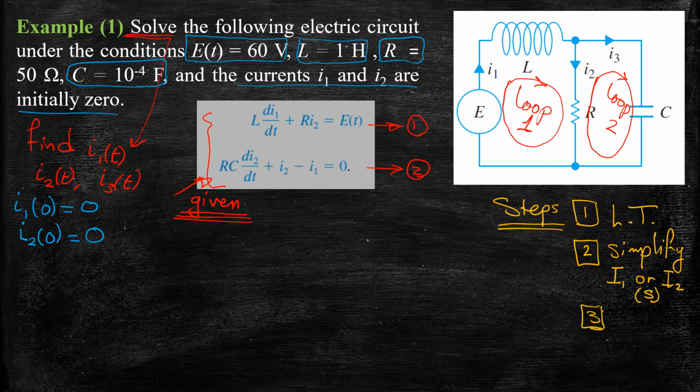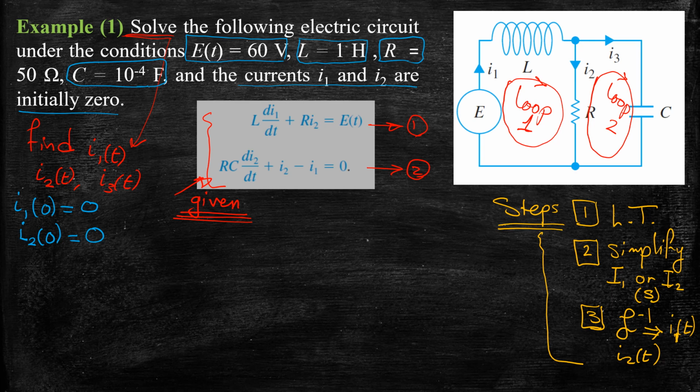Then you do the inverse Laplace transform to get this current or voltage, anything given in the differential equation, as a function of t.